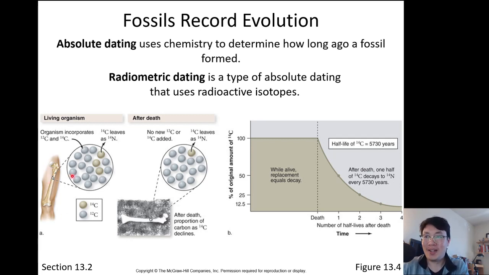So as we look right here, as an organism is alive, carbon-14 and nitrogen-14 are somehow interacting with each other. So carbon-14 leaves as nitrogen-14. Interesting. Again, with radioactive material, the neutrons are going to play a pivotal role in this process.